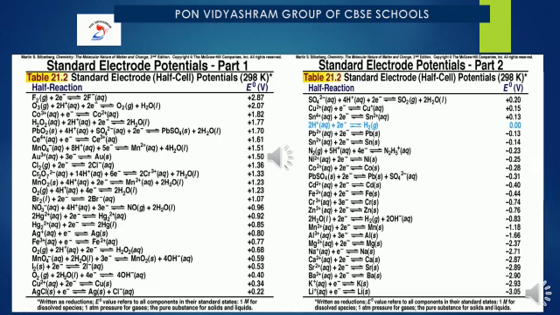Here you can remember lithium and fluorine. The substances which are stronger oxidizing agents than hydrogen ion are placed below hydrogen in the series. Do you understand this? The next one is, the activity of metal decreases from top to bottom.